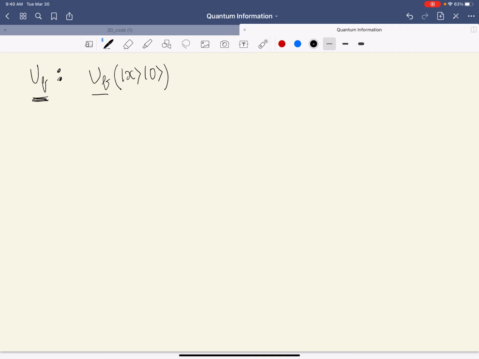When this unitary operation acts on such a product state, where the input register is in the state of x and the output register is in the state of 0, then after applying this unitary operation U_F, the input side of the state remains the same, but the output side is turned into some other state.